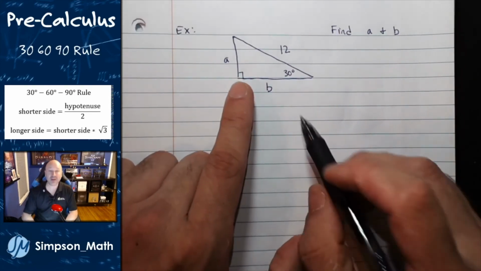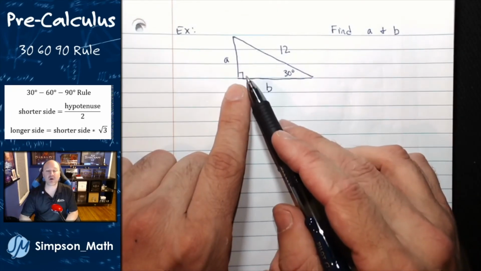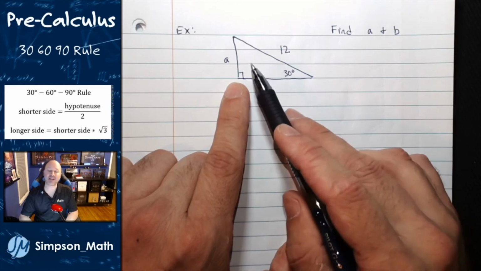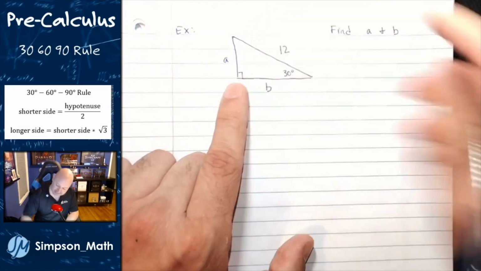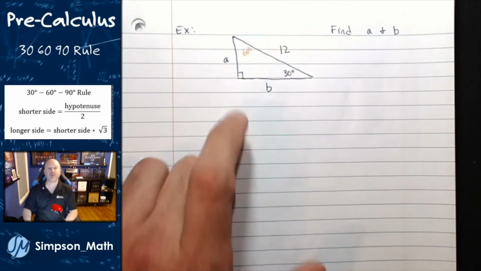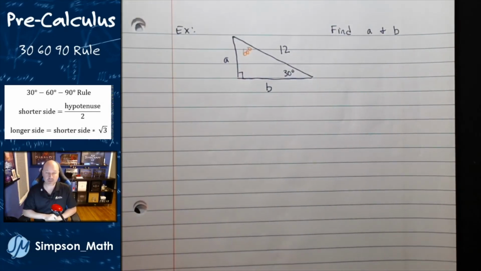Okay, well, I know this is a 30, 60, 90 triangle because if this angle measures 30 and that's 90, well, there's only 60 degrees left out there. So we're in the 30, 60, 90 situation.